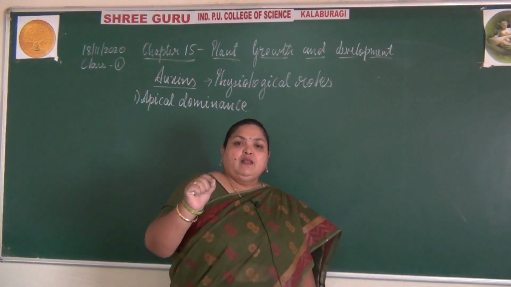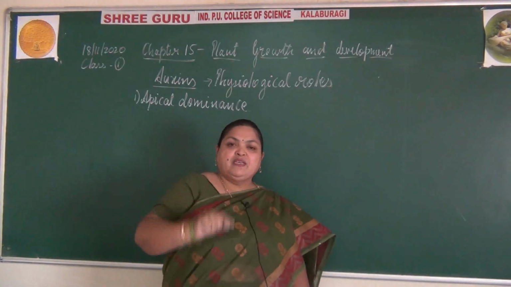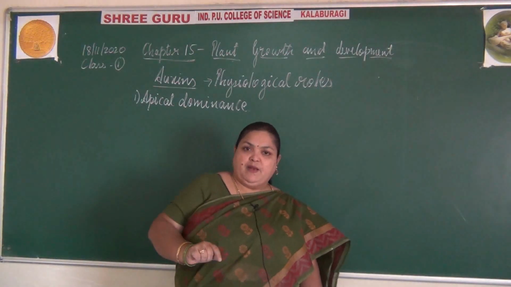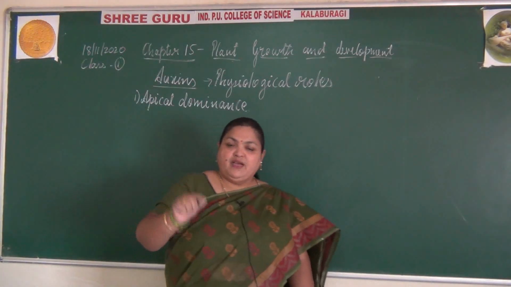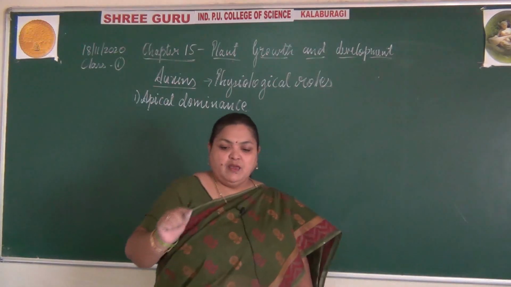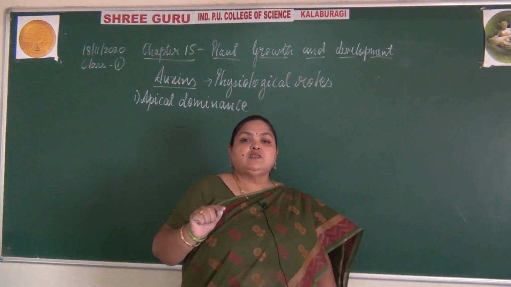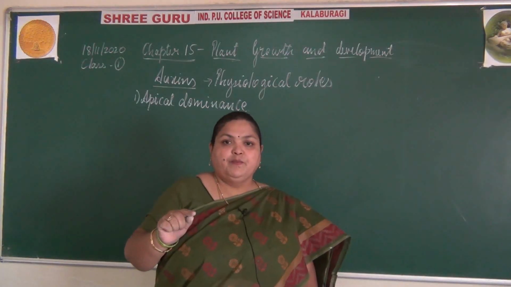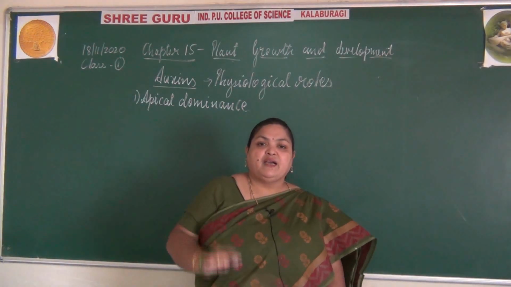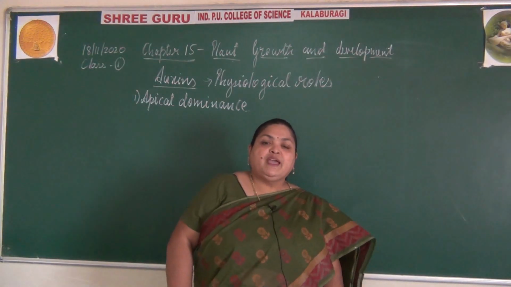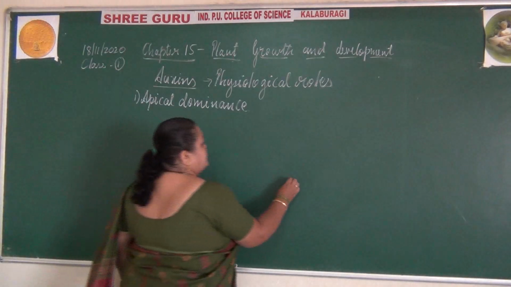Apical buds help in the growth and are present at the apex of the plant, and at the base of the apical buds there are axillary buds. In some plants, due to the presence of the apical bud, they do not allow the axillary buds to grow.